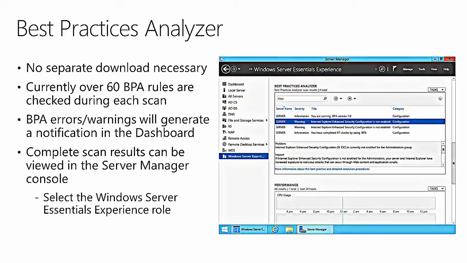So if there are errors or warnings that the BPA comes across, then of course those are going to generate alerts that you'll see in the dashboard. So it's not necessary to come to the Server Manager console separately in order to find out the results of the BPA, but you can hone in on specific details of each alert by coming to the Server Manager console and seeing those.